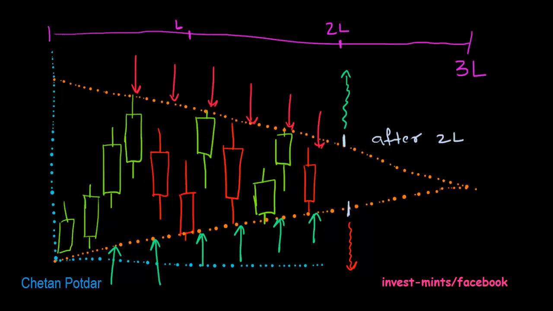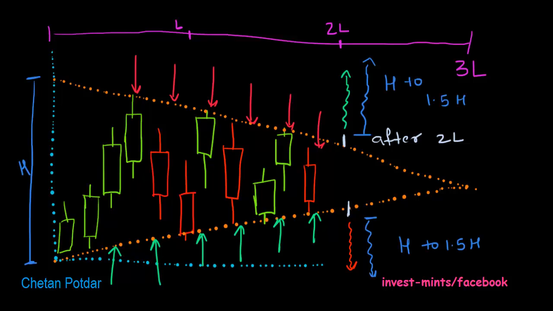Now let me put one more paraphrase on this. If we draw this as the height of the triangle, this is the height of the triangle, how long are you expected to see the price go up or down? If it breaks up from here, which is called a breakout, price can go up by the length of h to 1.5h, which means if this is h, price can go up by h to 1.5h, or it can go down by h to 1.5h.